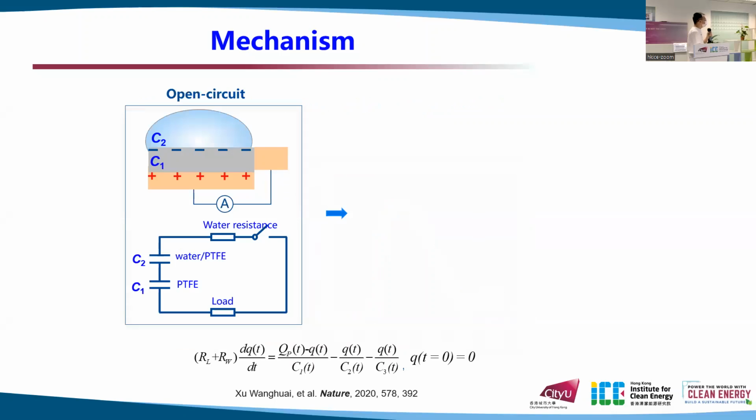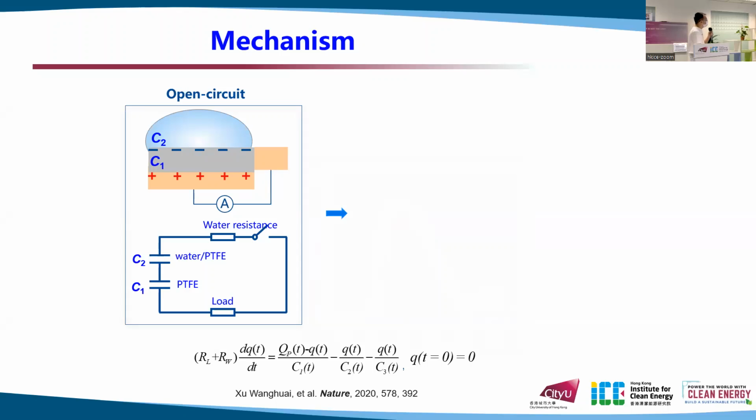Such an electricity generation process can also be explained by an electric circuit model. The Teflon can be treated as a capacitor C1, and when the droplet spreads on the Teflon surface, the water-PTFE interface can be treated as another capacitor C2.